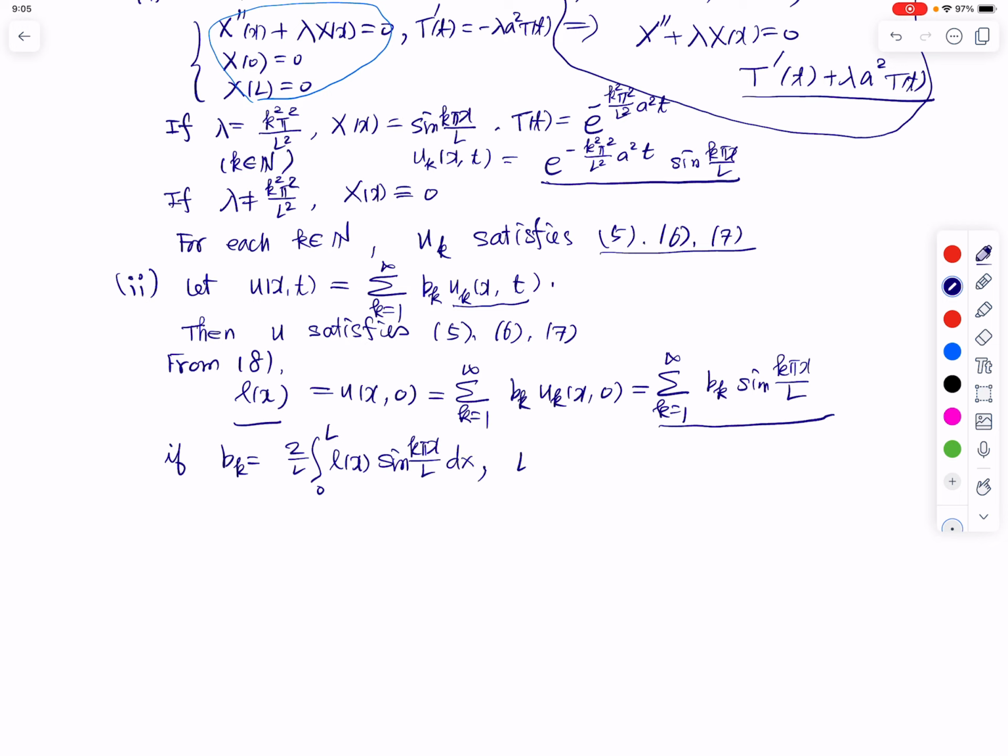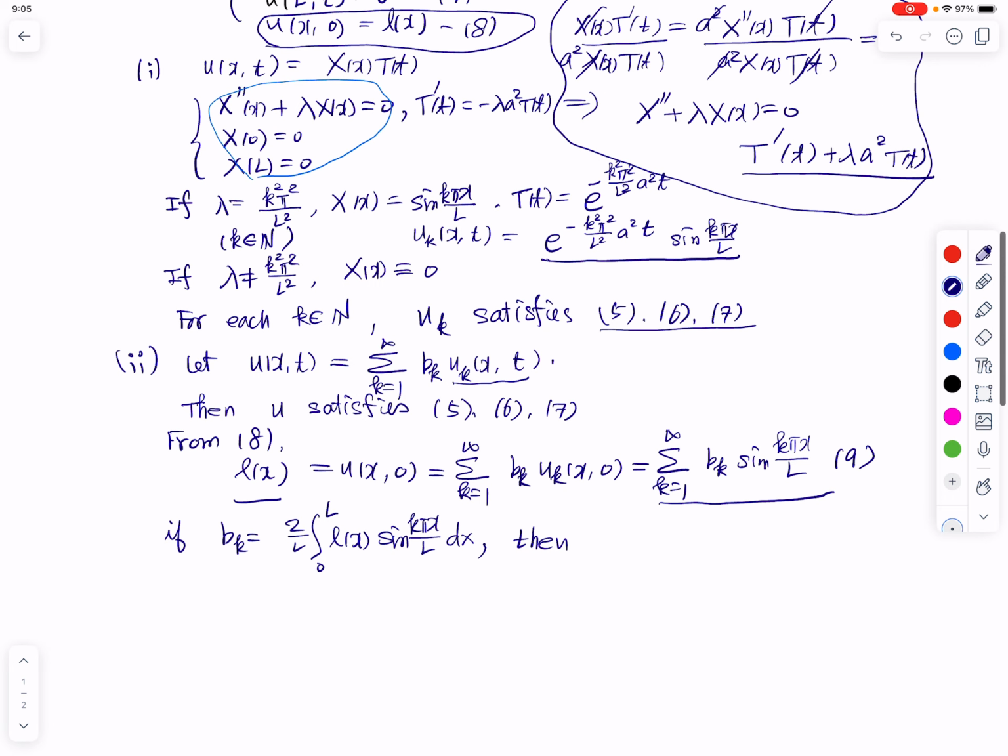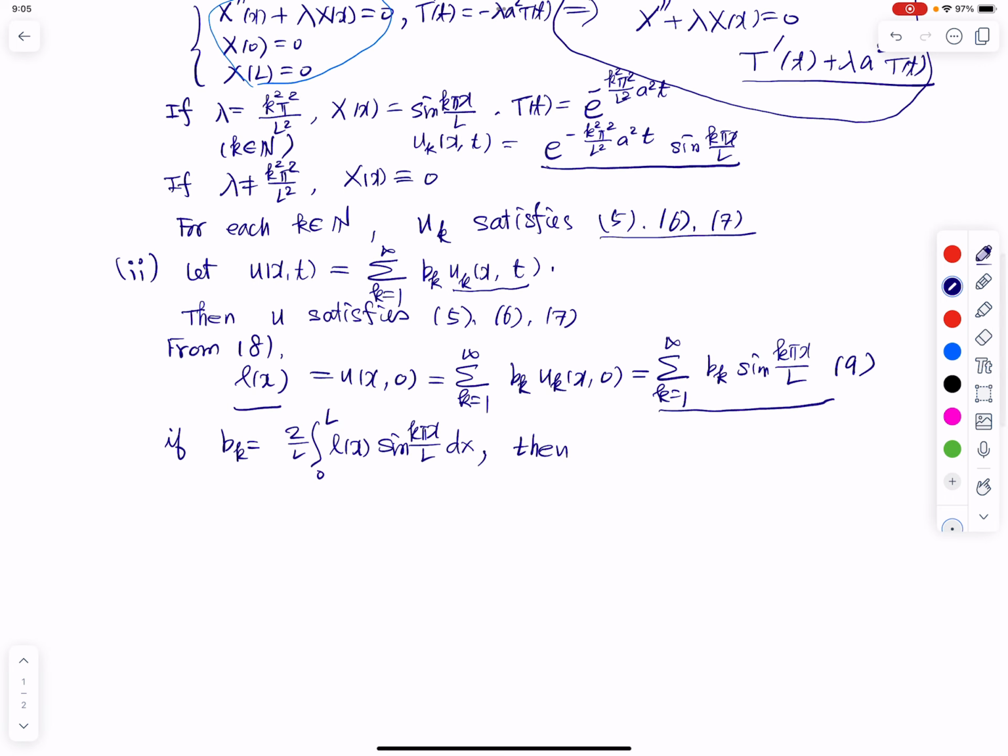Then this equation, let's call it 9, is actually a Fourier sine series. The right hand side of equation 9 is the Fourier sine series for Lx, by the Fourier theorem.